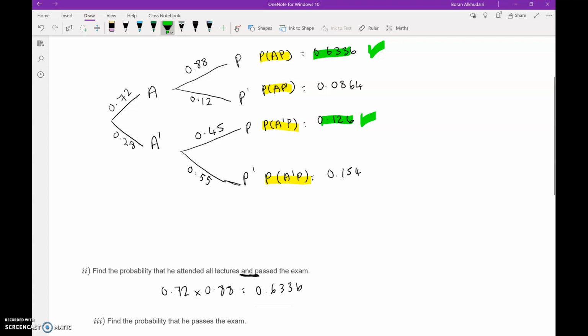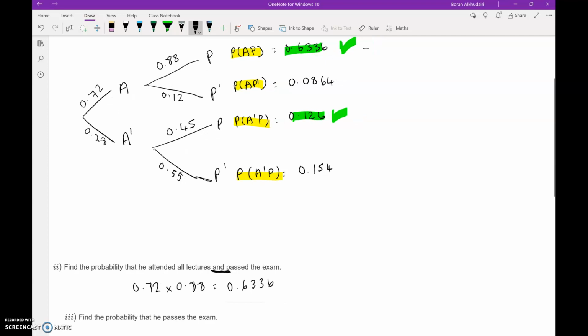So what we do for OR probabilities, when we go down: OR probabilities are added, and AND probabilities are multiplied. So let me write that down here. AND probabilities, OR is adding.